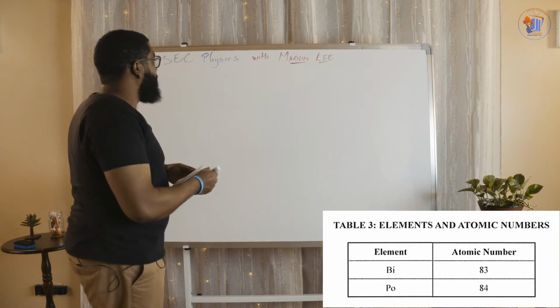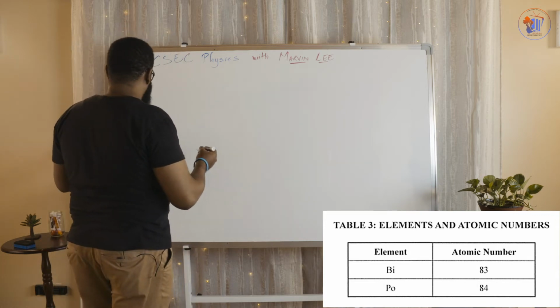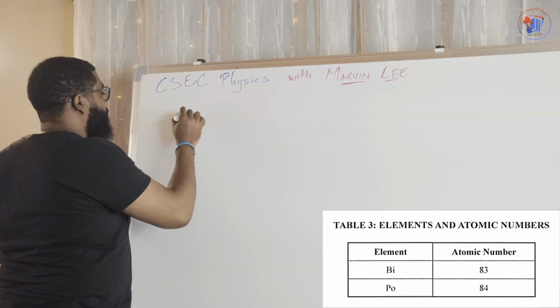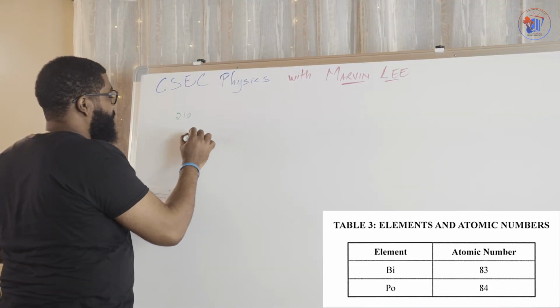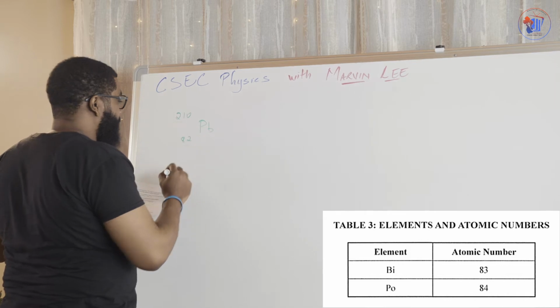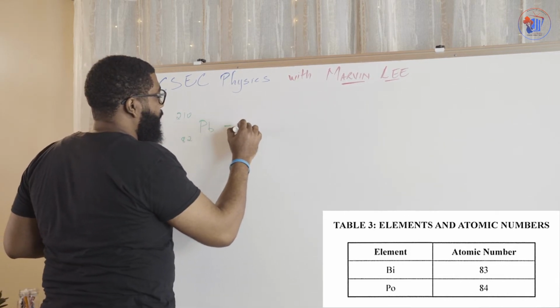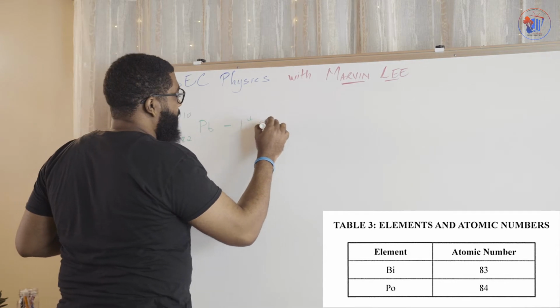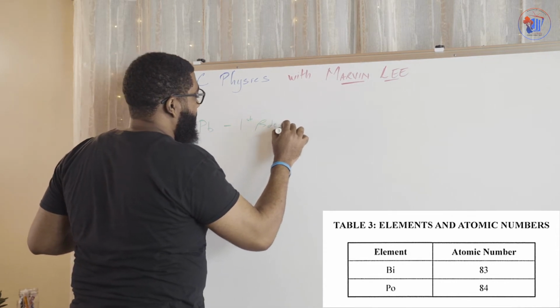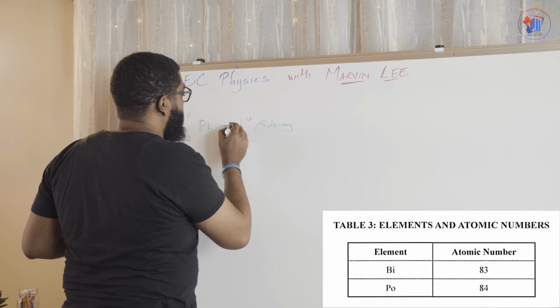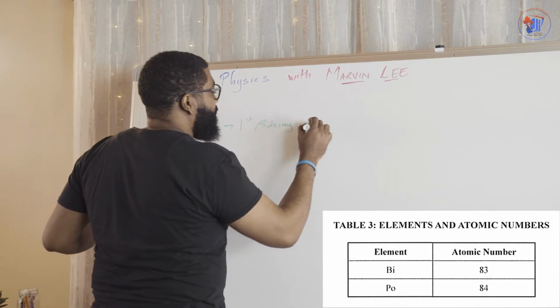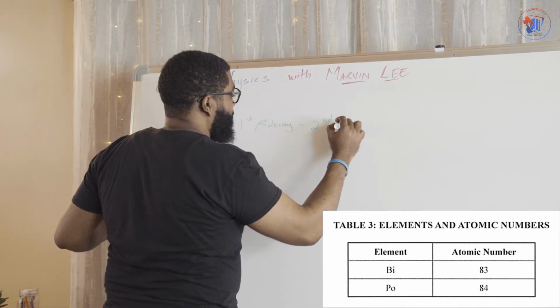So, what they've told us so far is that 210, 82, Pb is the symbol for lead, goes through first beta decay. Then it goes through a second beta decay.